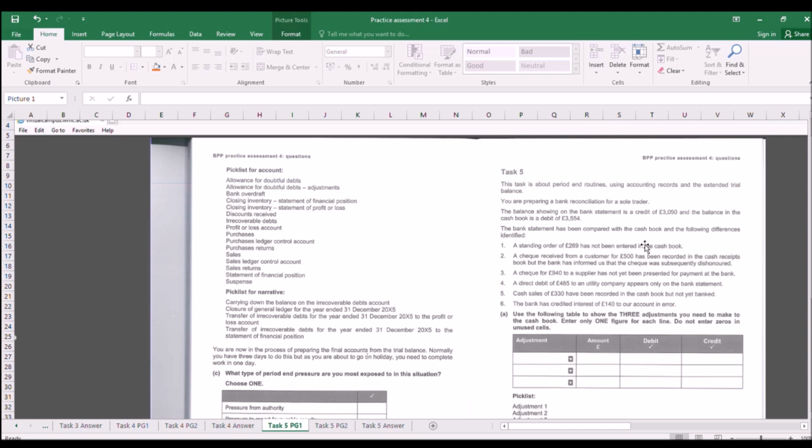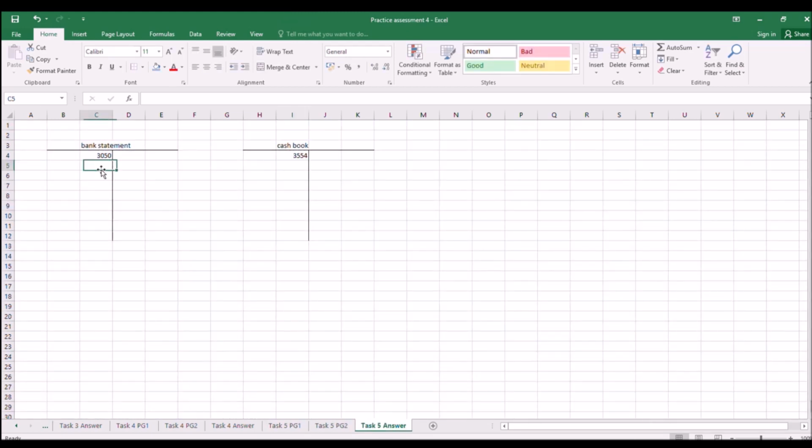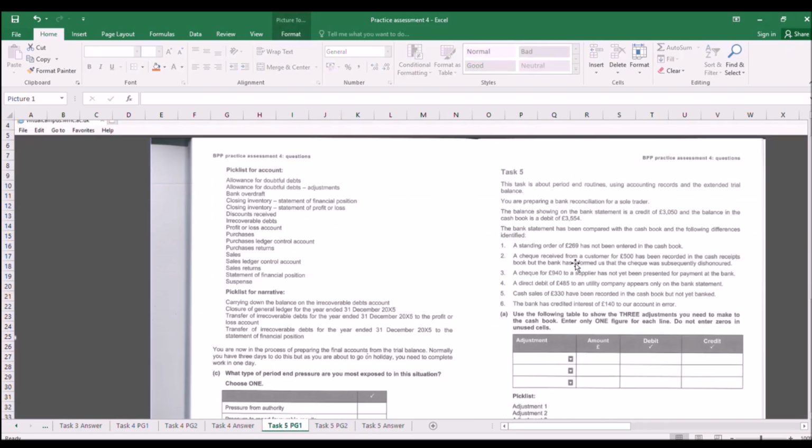So, a standing order of 2,069 has not been entered into the cash book. So there would have been a 2,069 standing order that has not been ticked off, and so that will be transferred into the cash book.